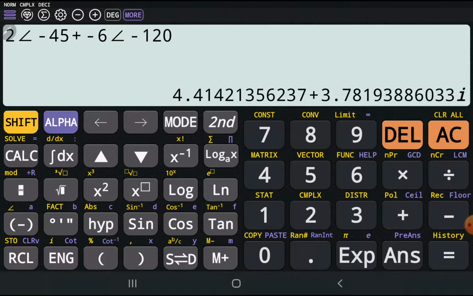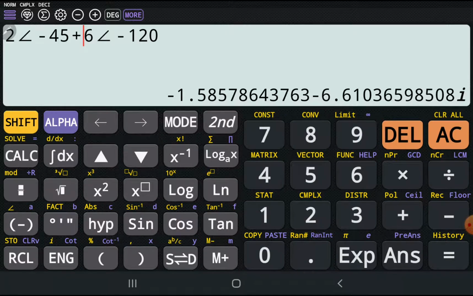Okay, you will see that you will have a value equal to this, so this is the value of your resultant force in its x and y components. Compare it to the previous calculations in your component method. You can see that they are similar. You have your negative 1.58 and negative 6.61. This is the value of your x component, and this is the value of your summation of y component.